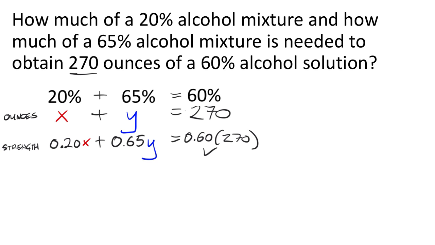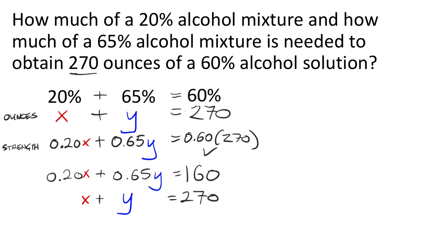That's what I'm doing. 0.60 times 270, enter, and this tells me it's 162. So my new equation here, I have this kind of an equation, and if I wanted to look at the other one, of course, I would have an X plus Y equals 270.